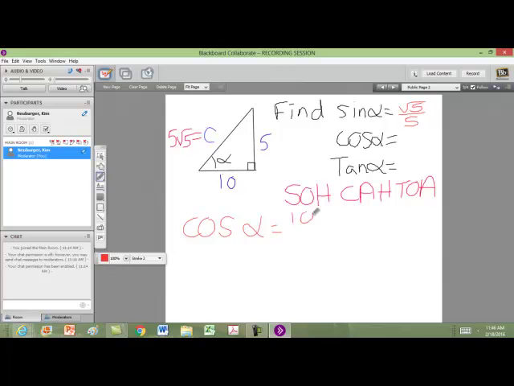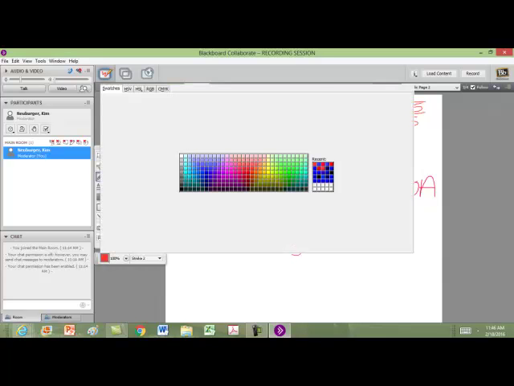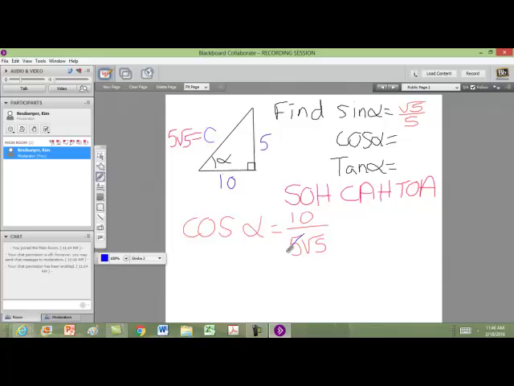Adjacent was 10, that goes in the numerator, and hypotenuse was 5 square root of 5. So now we need to simplify that. Well, I noticed that the 5 divides evenly into that 10, so let's take care of that. 5 goes into 10 twice. So now we have 2 over square root of 5.